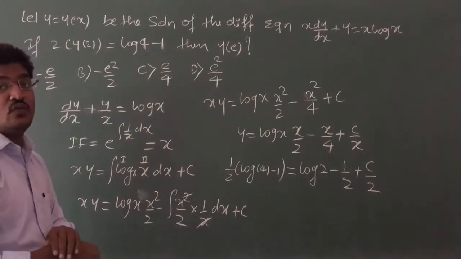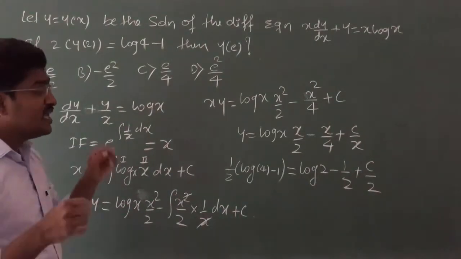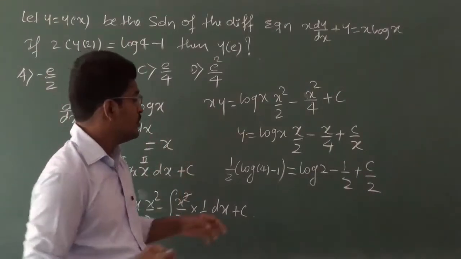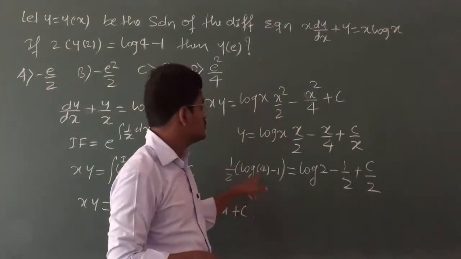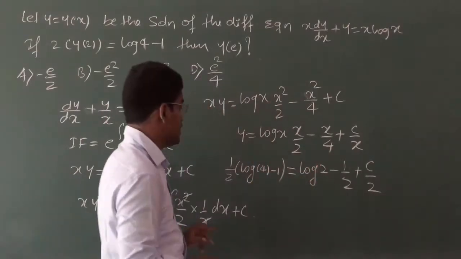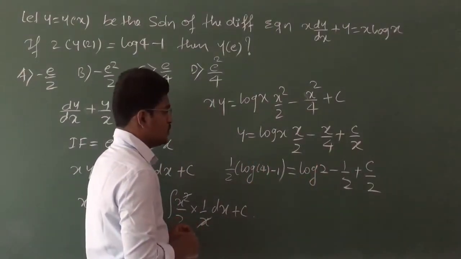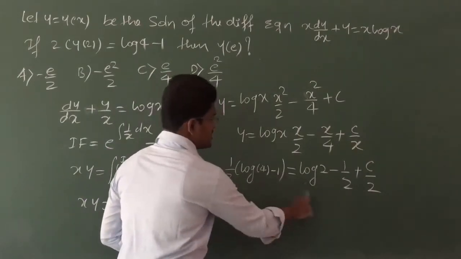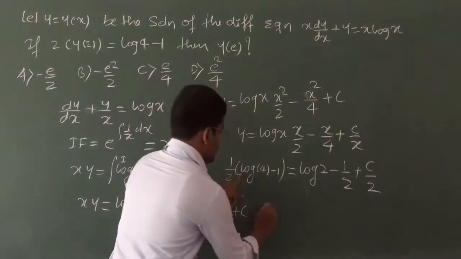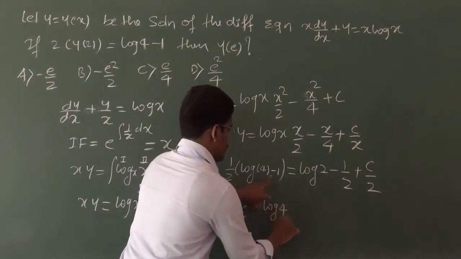After getting this, what are you going to do? Now you have to find c value. Then you can find y of e. Clear? So to find the c value, see here, 1 by 2. If I multiply 2 to this side, log 4 minus 1.